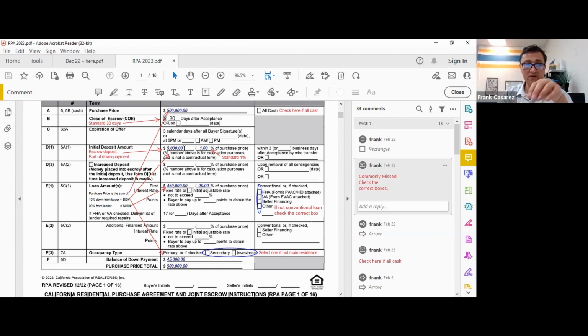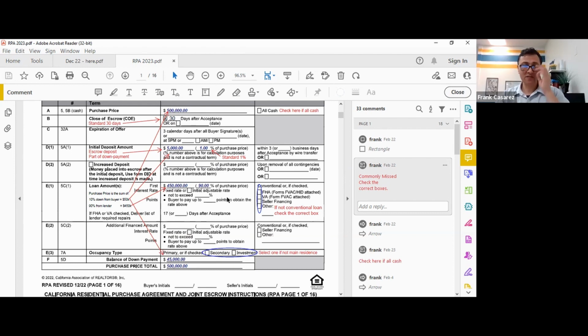But whatever your initial deposit is, subtract that from whatever the buyer's total down payment number is, and it's going to show down here as the balance of down payment. It's not in parentheses. This plus this equals the total amount of the buyer's down payment. The offer price down here is correct. We calculated this right. Everything's lined up. You shouldn't have any problems.